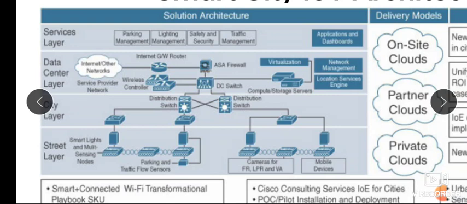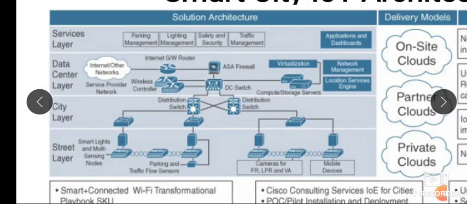We can say the city layer is a fog layer. The city layer has routers and switches which collect the information from the street layer, perform a little pre-processing again and aggregate it, and through some protocols transfer the data to the data center layer.